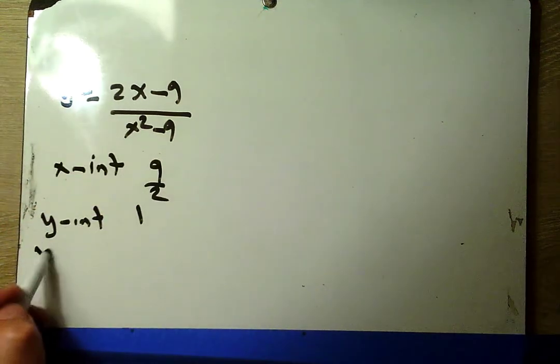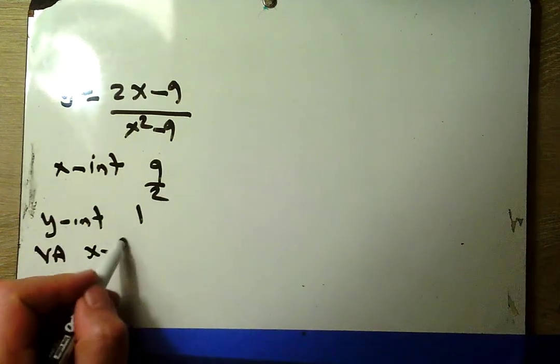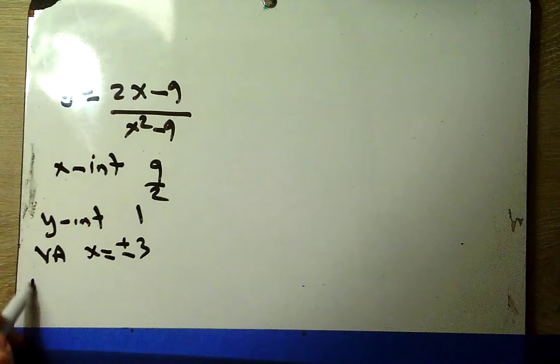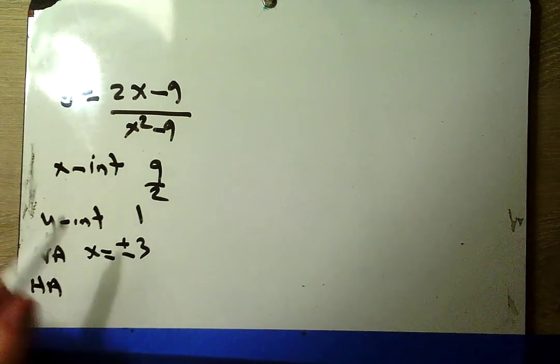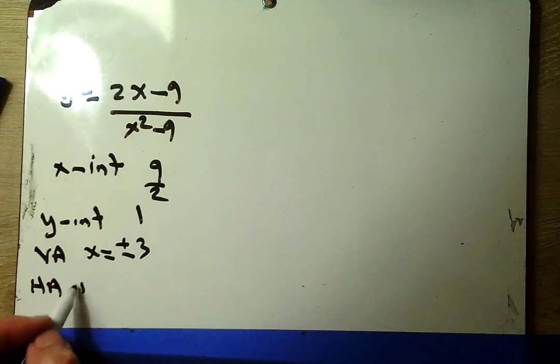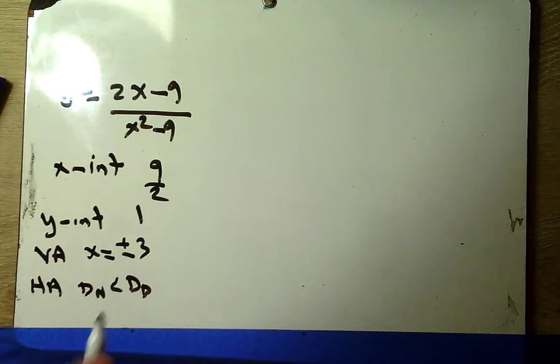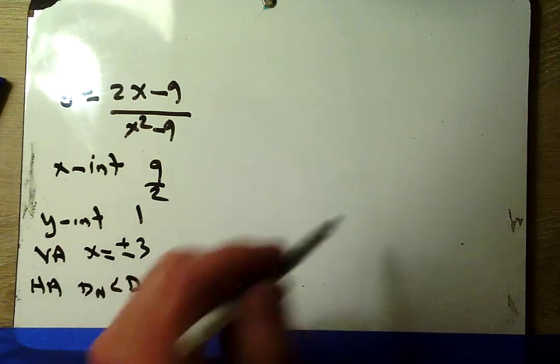Okay. Vertical asymptote, two of them. x equals plus or minus 3. And a horizontal asymptote, well, the degree of the top is 1, the degree of the bottom is 2. When the degree of the top is smaller than the degree of the bottom, then I know y equals 0.